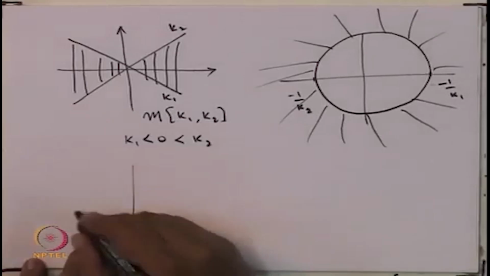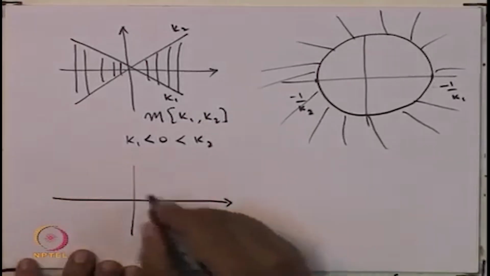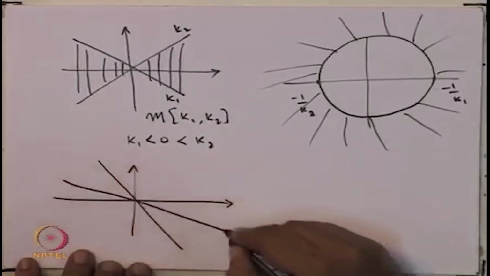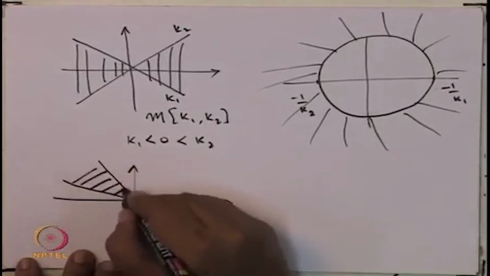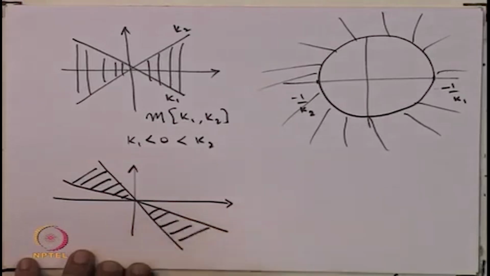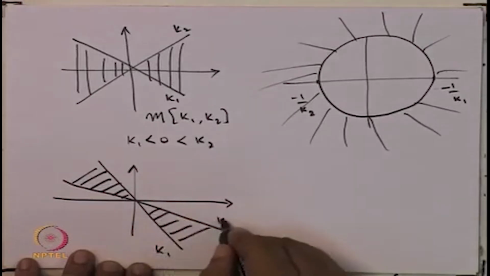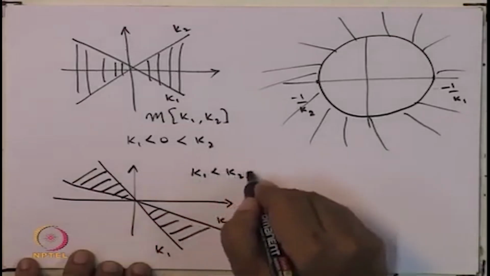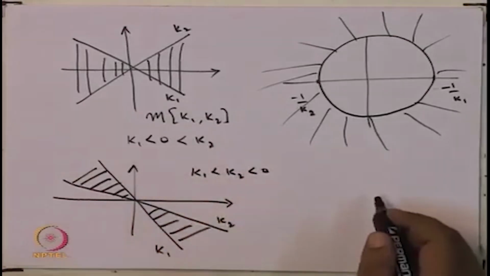And then if you push further and you have a nonlinearity which lies in a sector like that. So this here is K1, this here is K2. So what we have is K1 is less than K2, which in turn is less than 0.